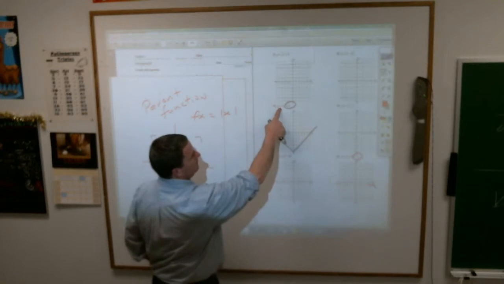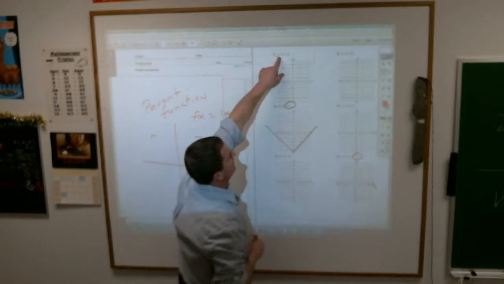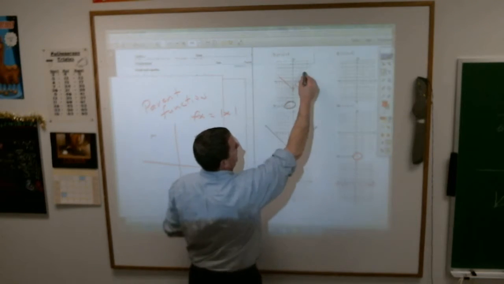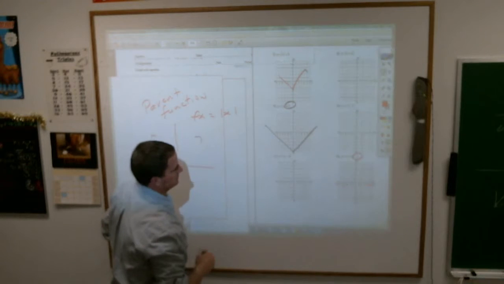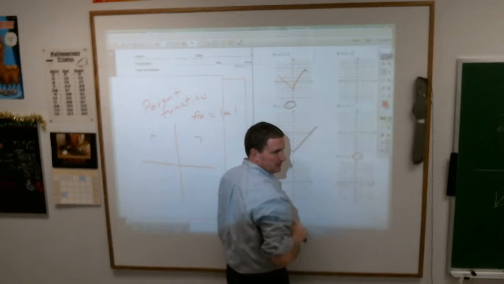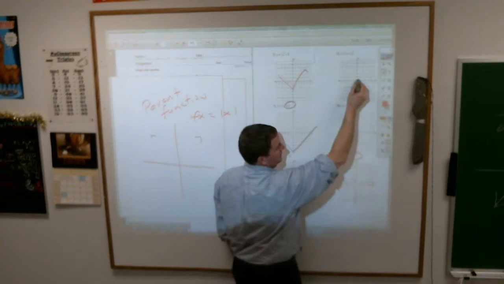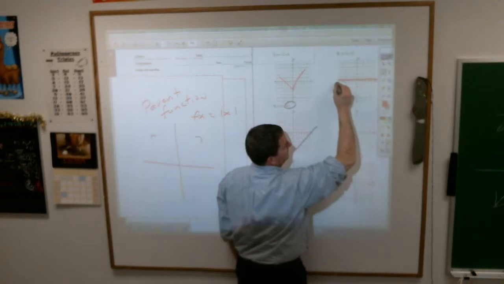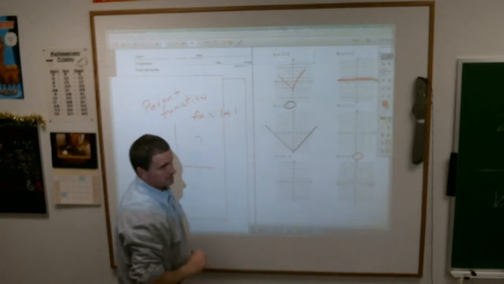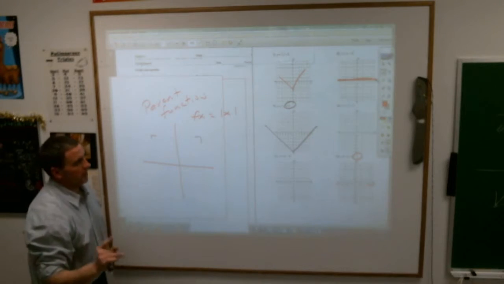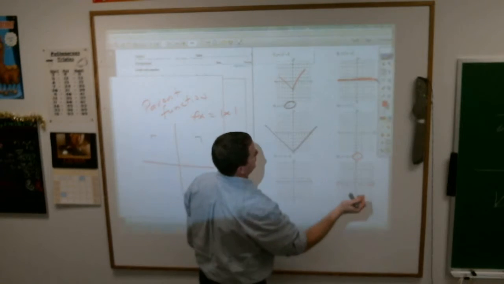Problem number 7: the vertex goes down to -3, and your graph looked just like that. If it doesn't have a number after it, the point is going to be the vertex on the x-axis somewhere. Okay, so that's your first thought. Whatever number is out at the edge here.